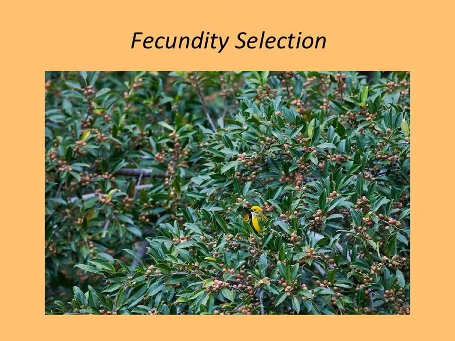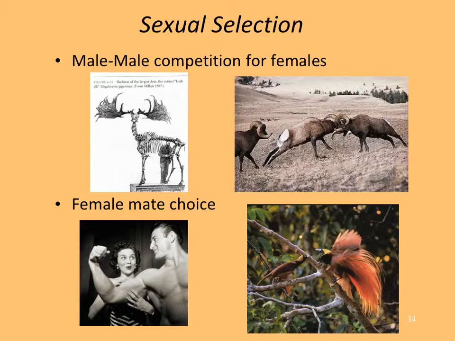Fecundity selection. So a plant with a lot of fruit and seeds versus one that doesn't produce as many. Now there's something called sexual selection. It's usually males competing against each other for access to females.